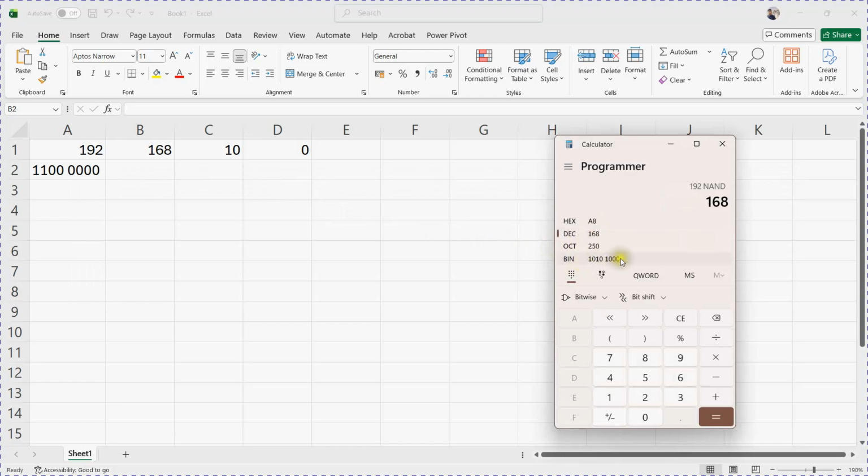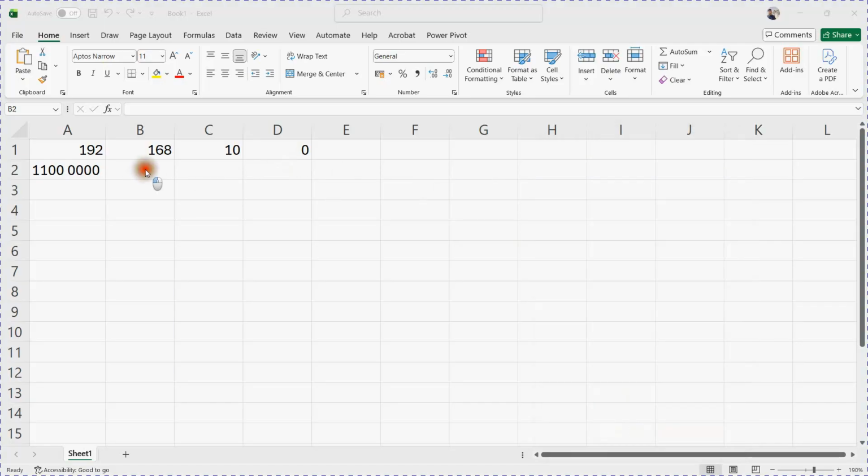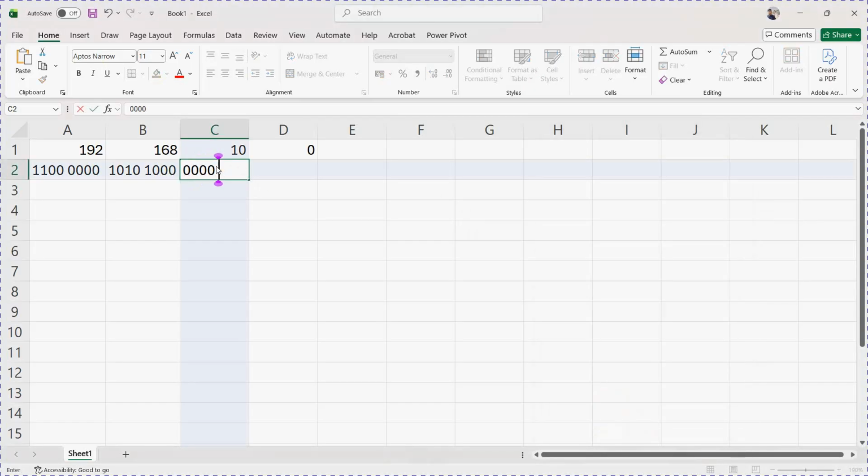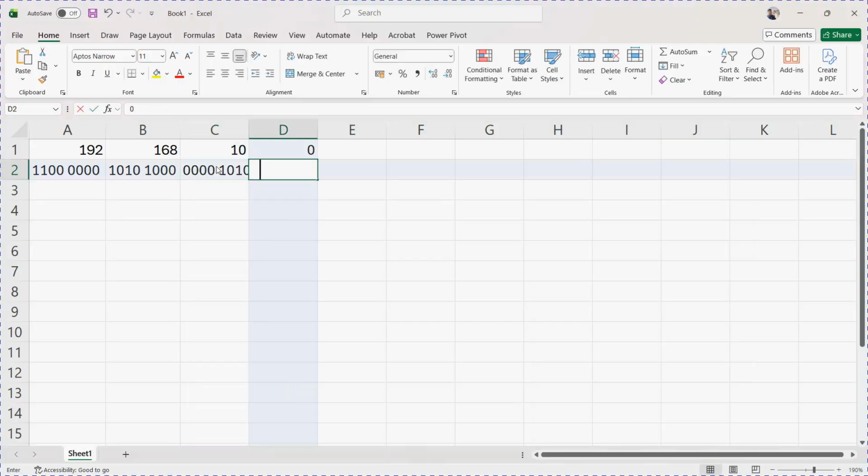This is the binary number for 168. Next, 10, which is 00001010. So this is 4 bits, 1 2 3 4, 1 2 3 4. So this is the IP.